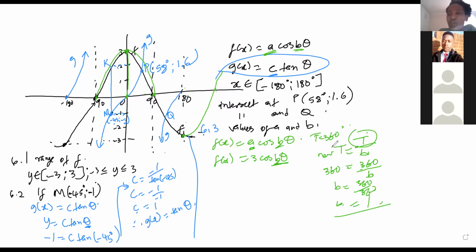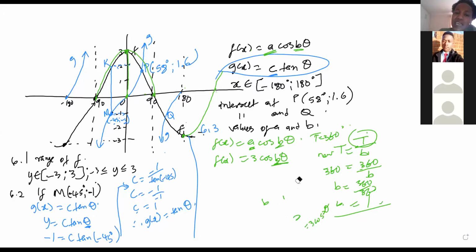Let's say, for argument's sake, the new period here was 180 instead of 360. Then the new period would be 180, and the old period, the original period of the cosine graph, was 360. Divided by B, the value of B would be 360 divided by 180, which is 2. If that was the case, we would have f(x) = 3 cos 2 theta, but that's not the case.